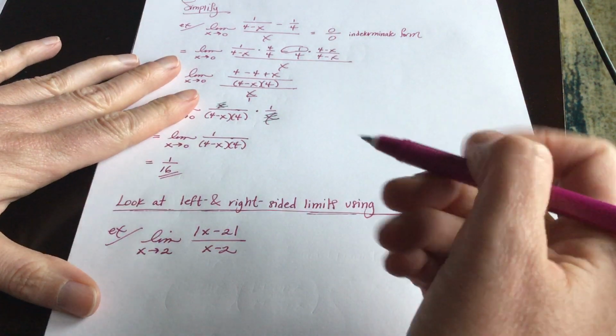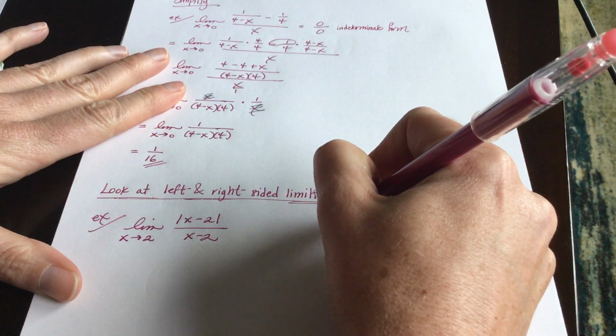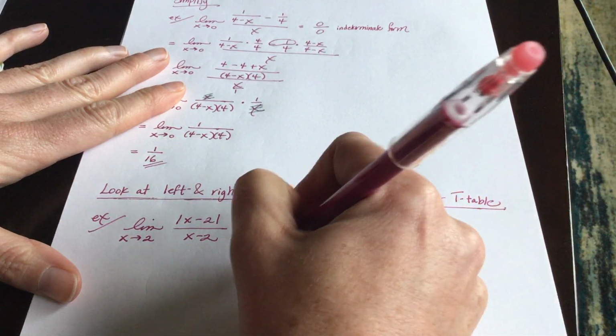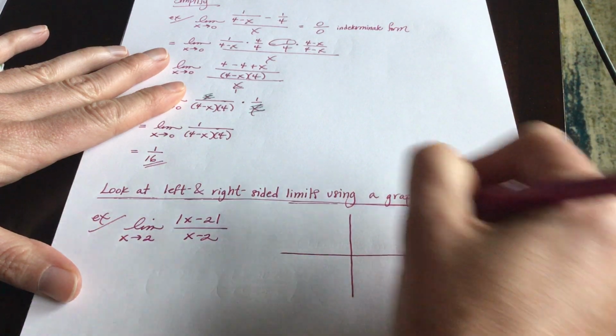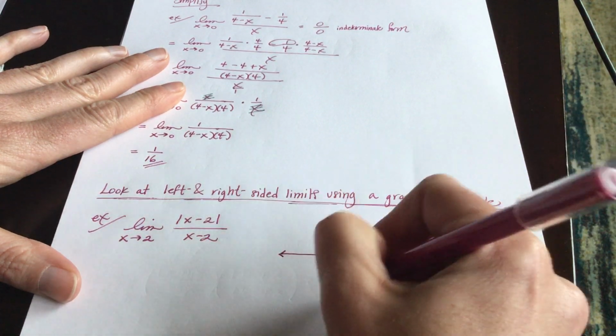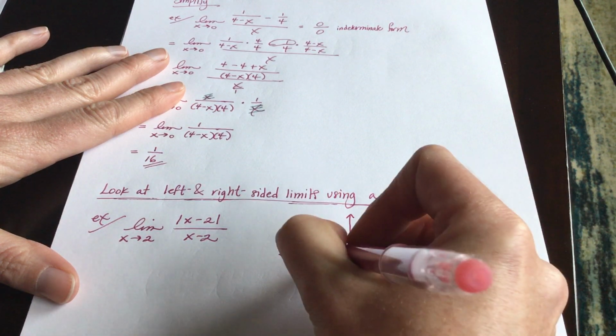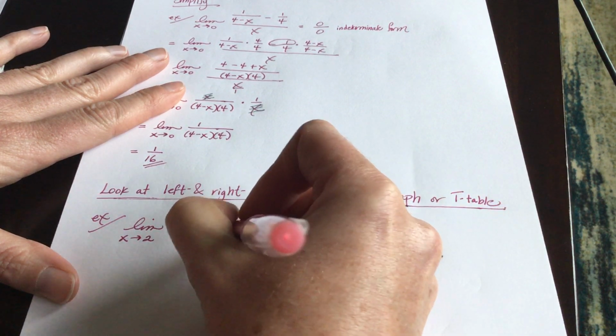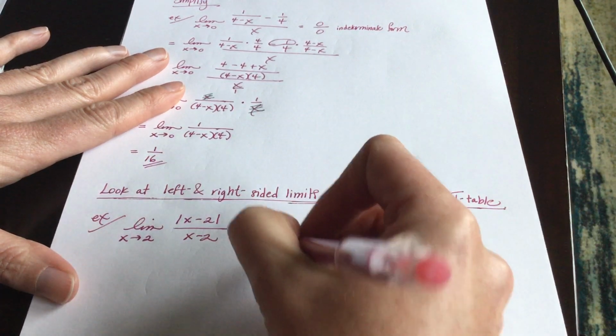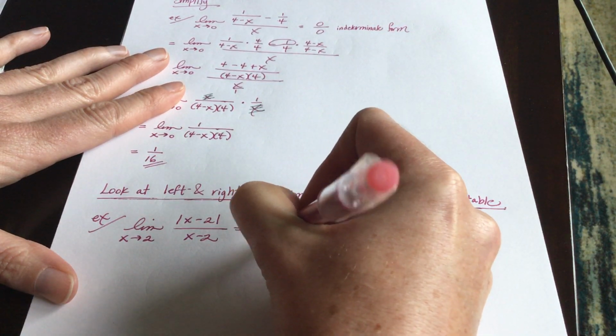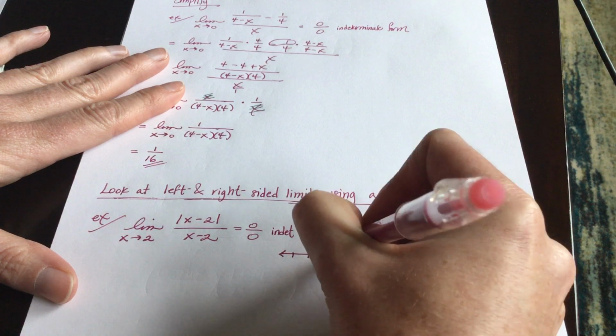I'm going to show it in graphing form, but I'm going to use a t-table in my head to get the answers that I'm going to graph. Direct substitution doesn't work because you get 0 over 0, which is indeterminate.